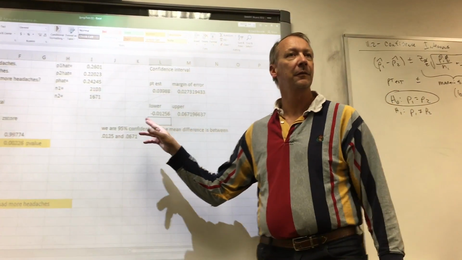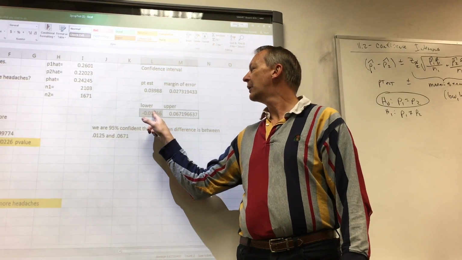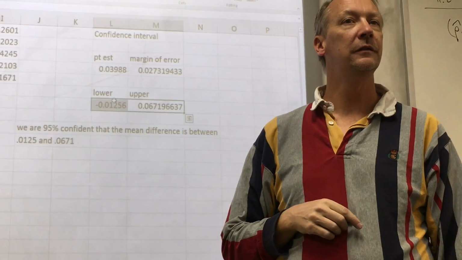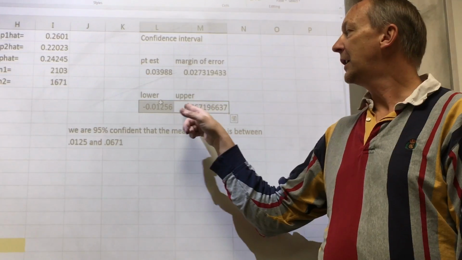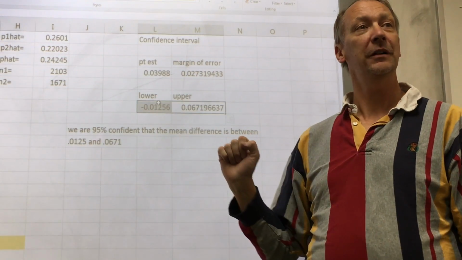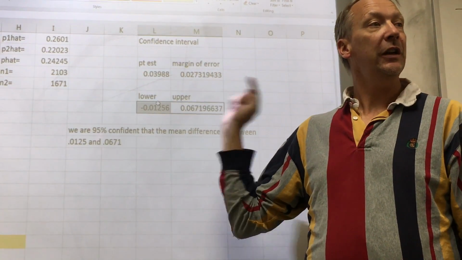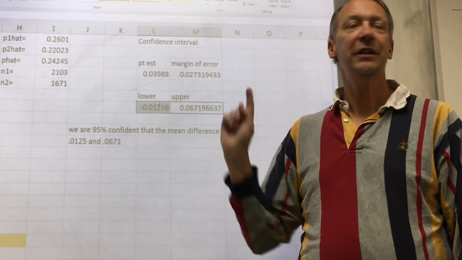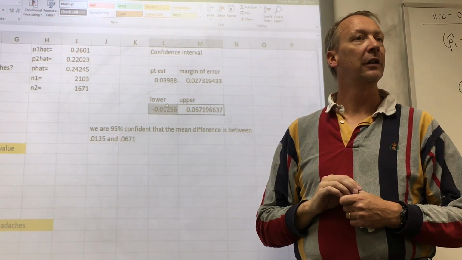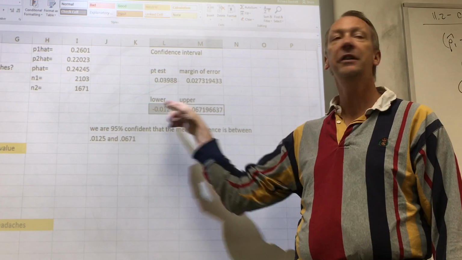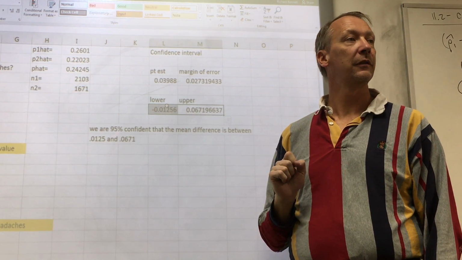Is 0 in my confidence interval? Yes, it is. I got a negative and a positive. In this case, would you say there was a significant difference? No, because 0 is in my confidence interval.